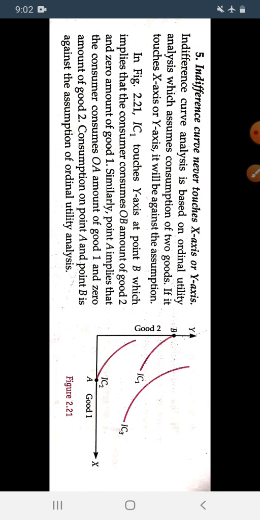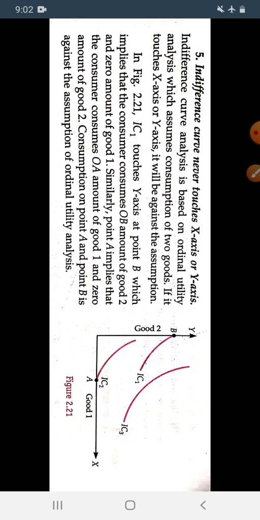We are consuming a combination of two goods. If it touches the x-axis or y-axis, it will be against the assumption. The curve never touches the x-axis, because we are assuming that the rightward shift is convex to the origin.